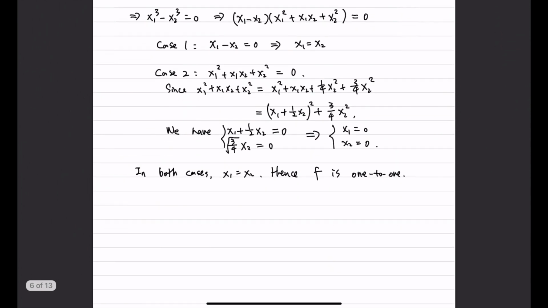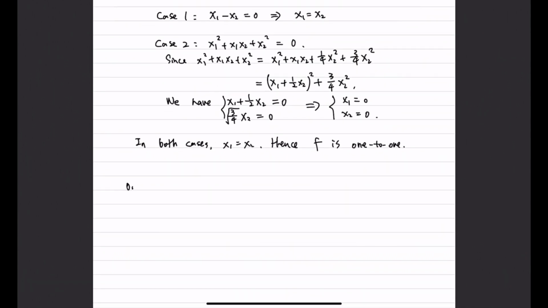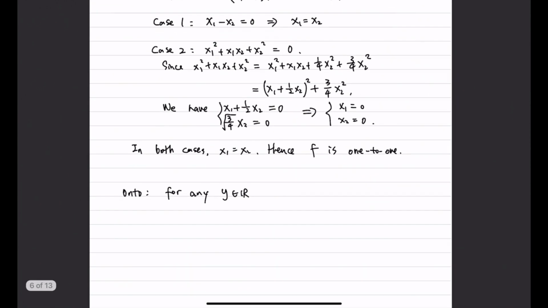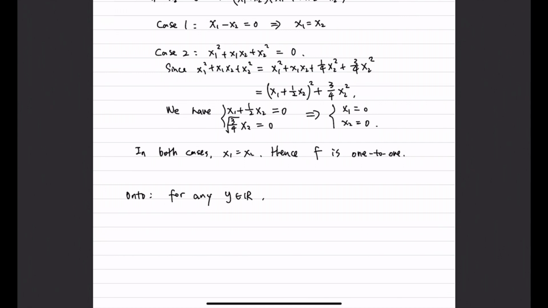So for any y that is a real number, one can take x equal to the cube root of y, such that f of x is x cubed, which is the cube root of y cubed, which is y.